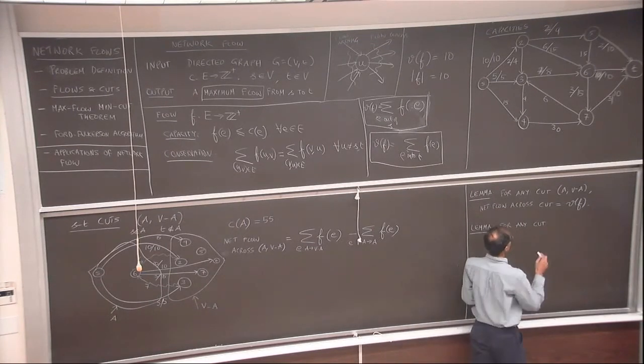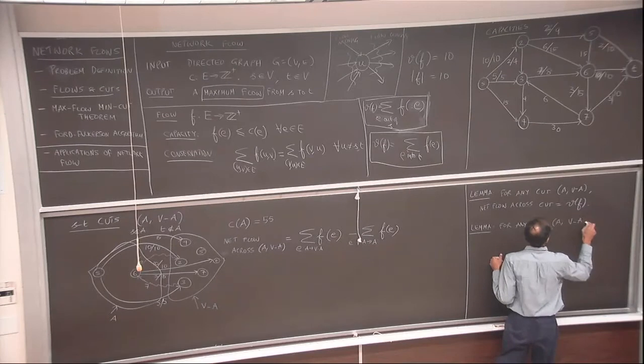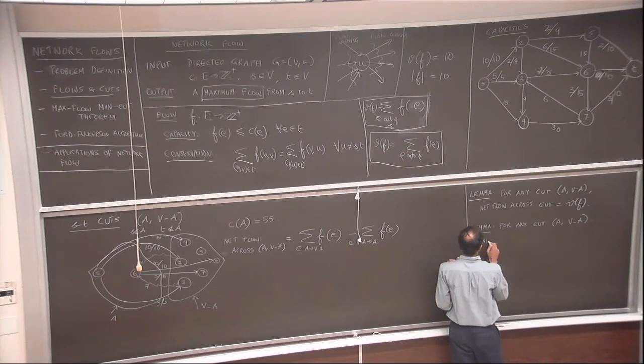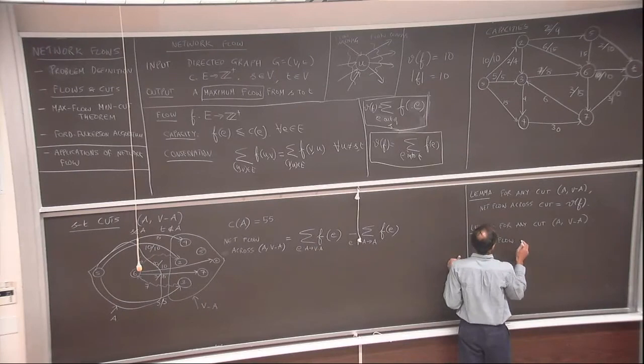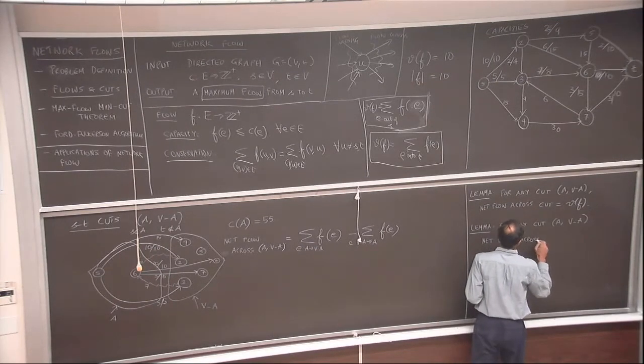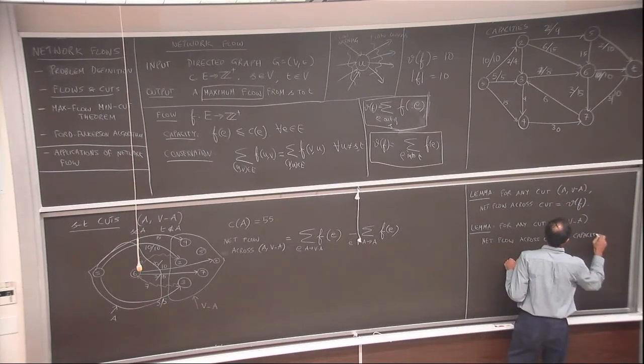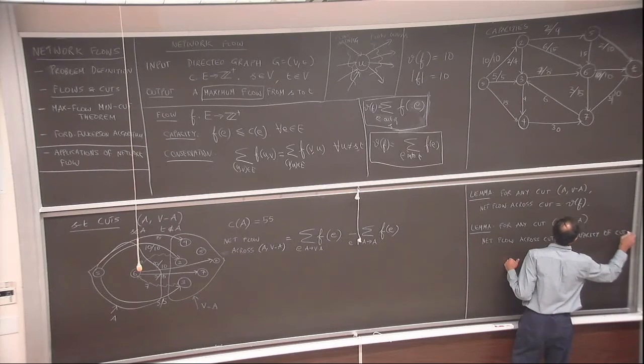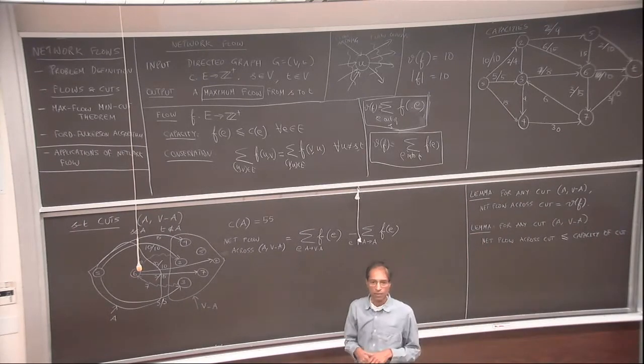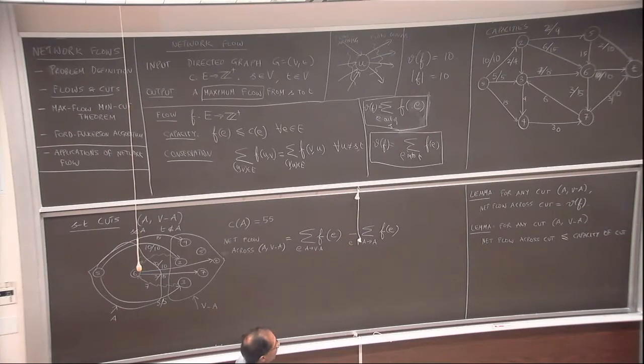So for any cut A, B minus A, this is immediate. Net flow across the cut is less than or equal to the capacity of the cut. Remember, the capacity of the cut, you only look at stuff going from left to right.